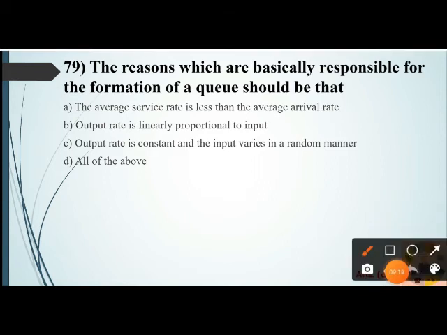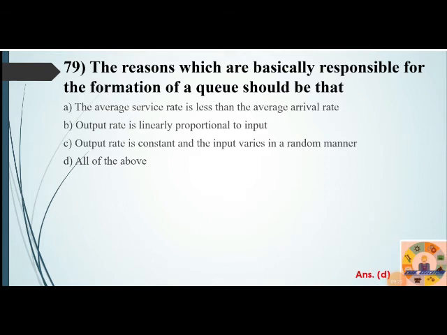The right answer for this question will be option D, all of the above, because for the formation of a queue, the average service rate is less than the average arrival rate. Also, the output rate is linearly proportional to input, and the output rate is constant, and the input varies in a random manner. So the right answer for this question will be option D.